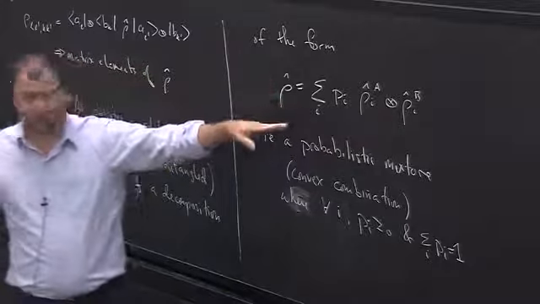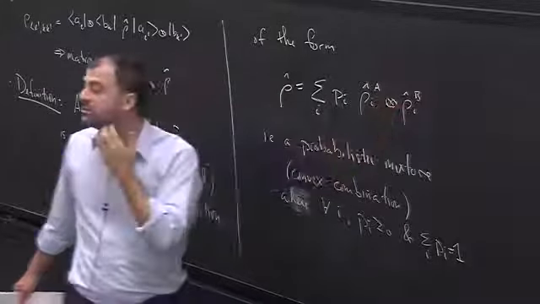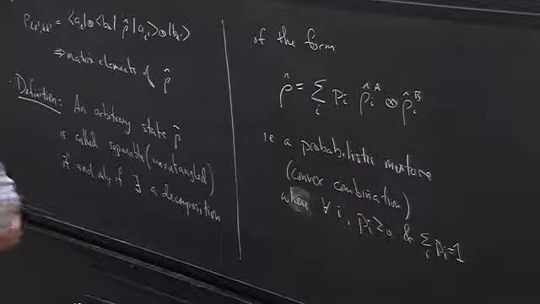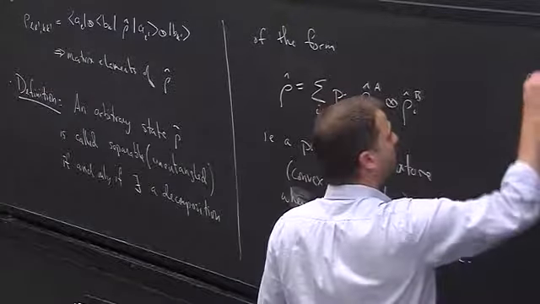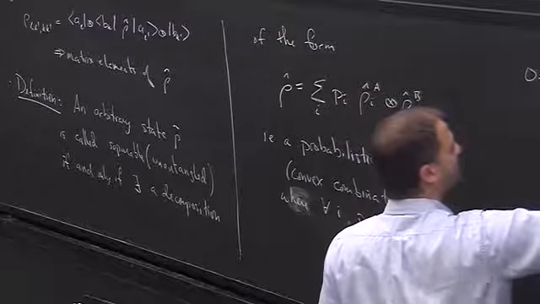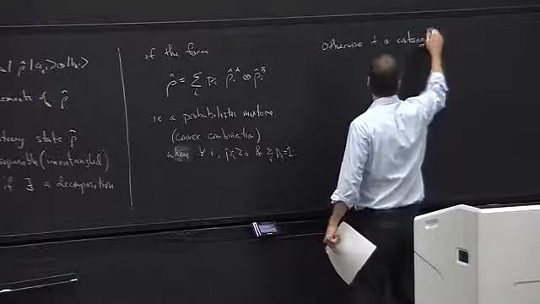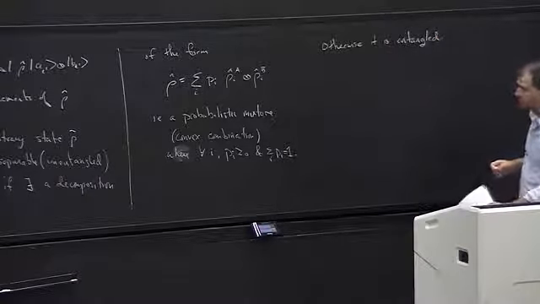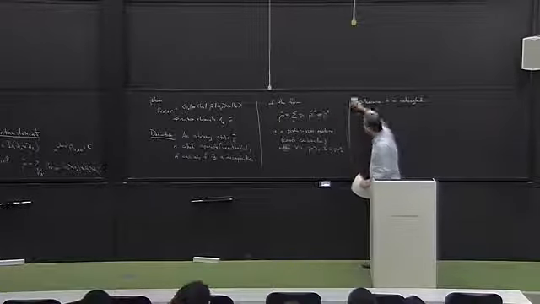So if there exists such a decomposition for any choices of rho_i on A and B, then we call the state separable or unentangled. And if no such decomposition exists, then we say the state is entangled. Otherwise, it is entangled. Okay, so that's great.